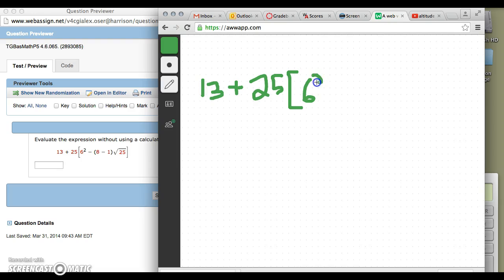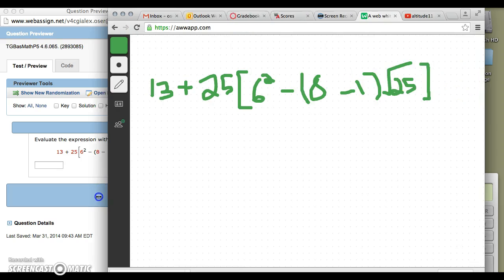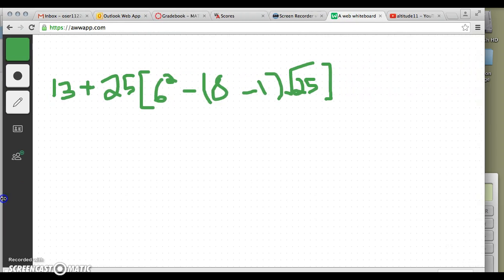So we've got 6 squared minus parentheses 8 minus 1 times the square root of 25. Sorry, it's a little bit messy there. Okay, so let's begin to evaluate this.